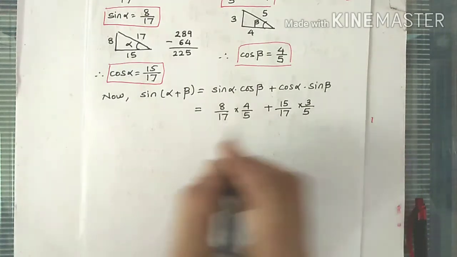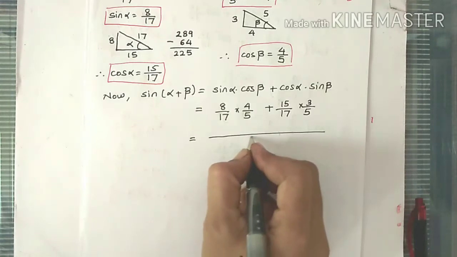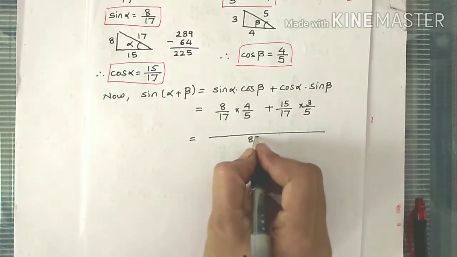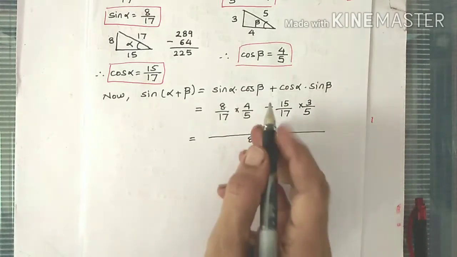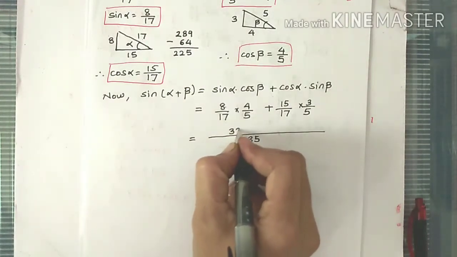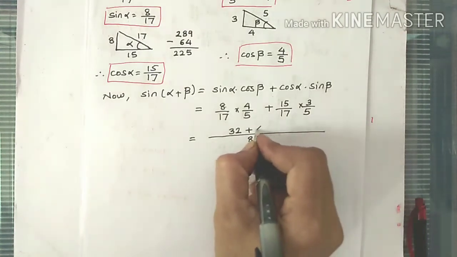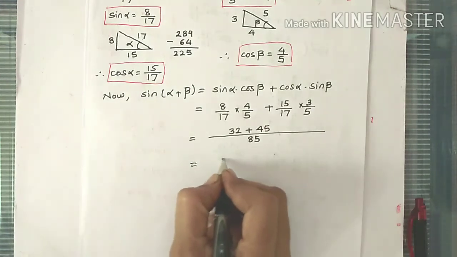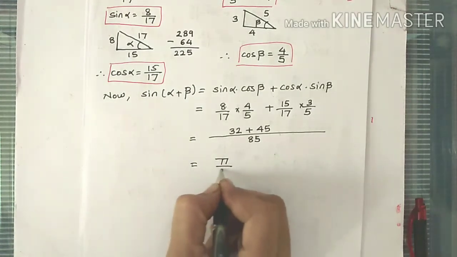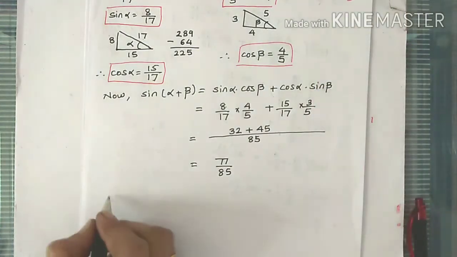Now in both terms, the denominator is 17 multiplied by 5, which is 85. Now here we have 8 into 4, that is 32, plus 15 into 3, that is 45. So that is 77 by 85. See, on the right hand side we have 77 by 85.